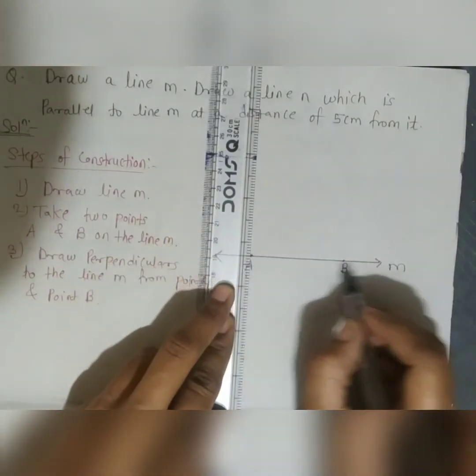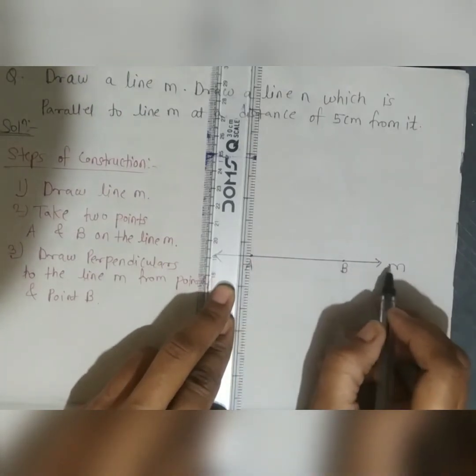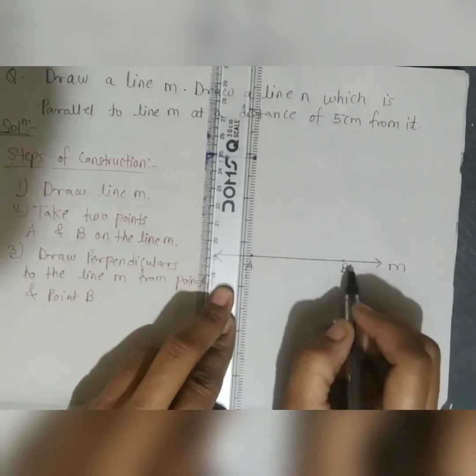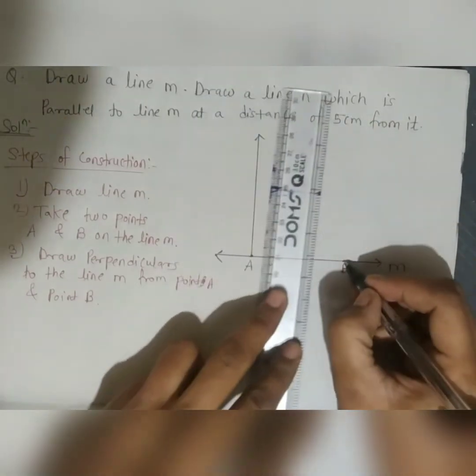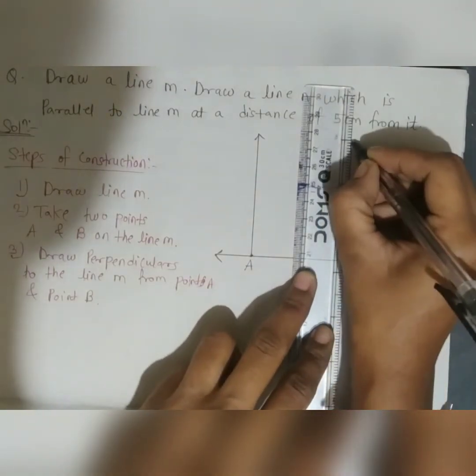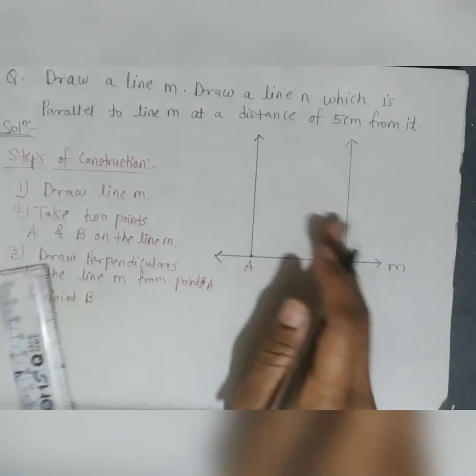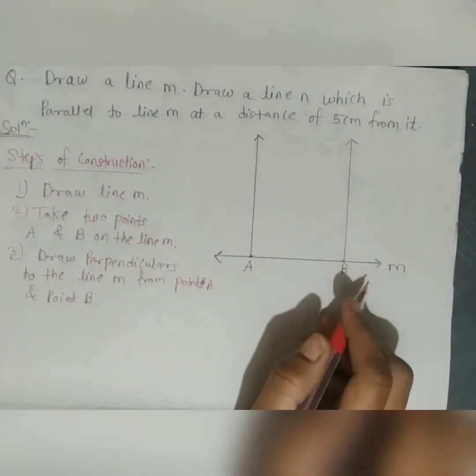Now we are going to draw a perpendicular line to the line M from the point A and point B. Now this is my 2 perpendicular lines. Now I have drawn the 2 perpendicular lines from point A and point B.